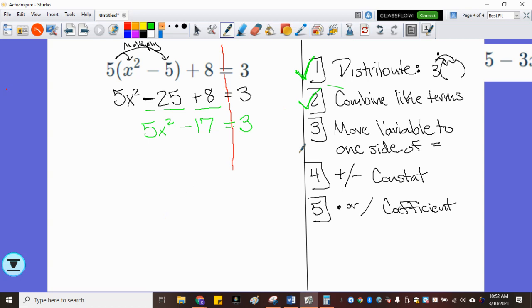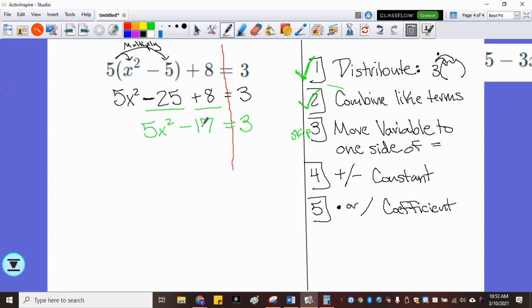That's combining like terms. Move the variable to one side of the equal sign. It is. X squared is on one side. It's not on both. So you can skip that step. Skip. Add or subtract the constant. Remember, the constant is the term by itself with no variable.